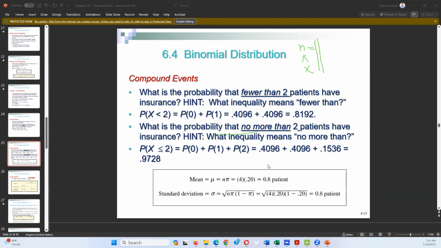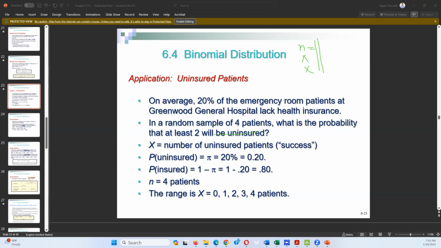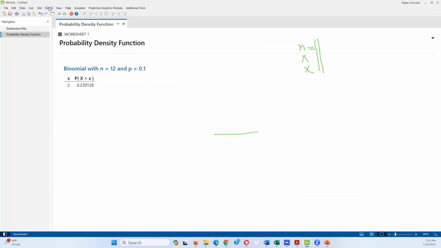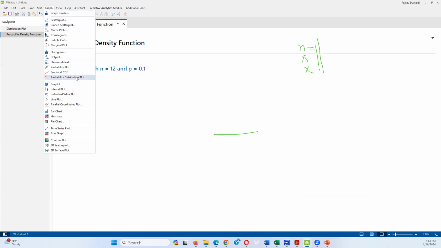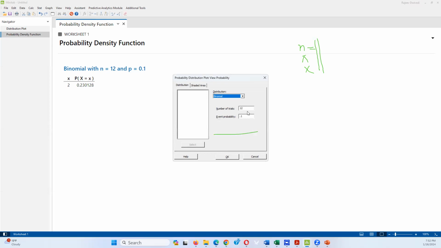Or you can do it directly, so I'm going to solve this problem. Let's do it in Minitab in just 1 step: Graph, Probability Distribution. I go directly here, and the number of trials is 4, probability is 20%.